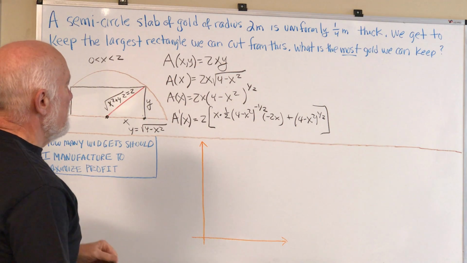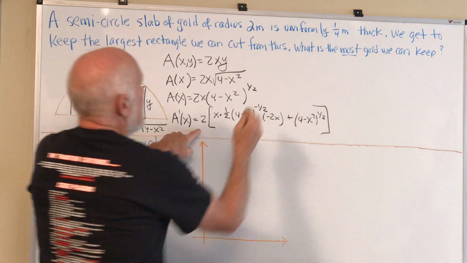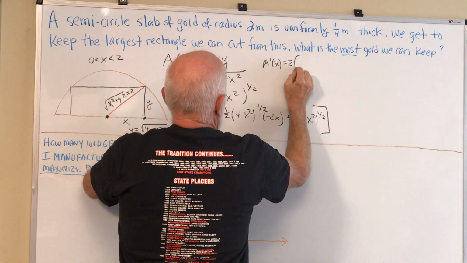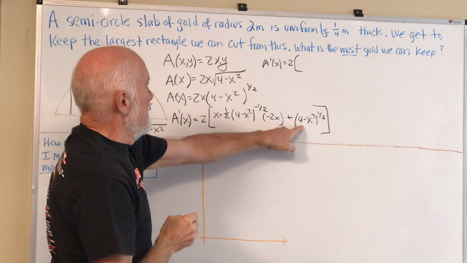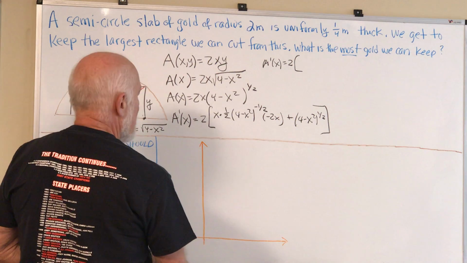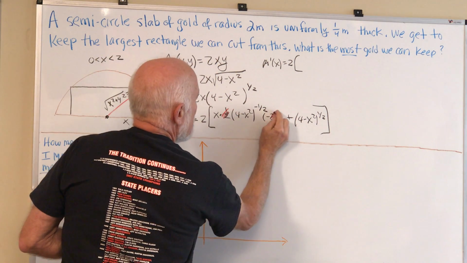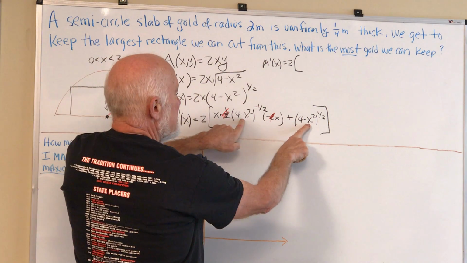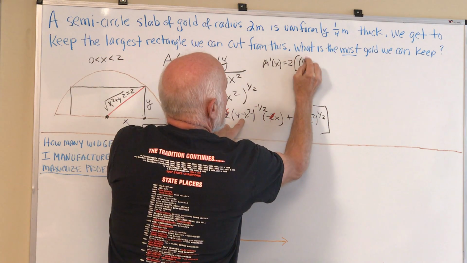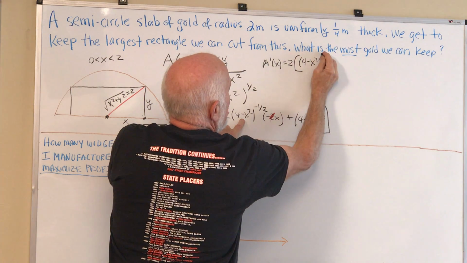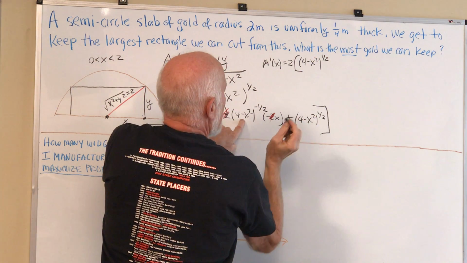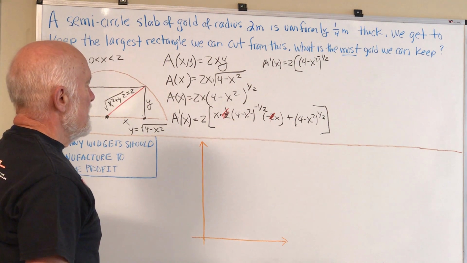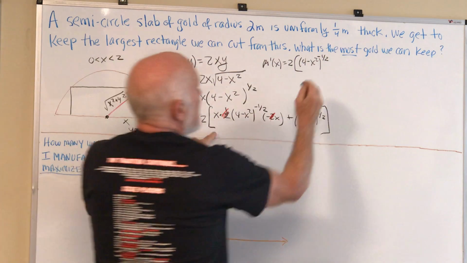See if we can do some simplification. So I have my derivative. What can I factor out of these two terms? First of all, it'd probably be good just to multiply the 1/2 times that, and then I can see that I can take out a 4 minus x squared, and the lowest power is the negative 1/2. You always take out the lowest power.